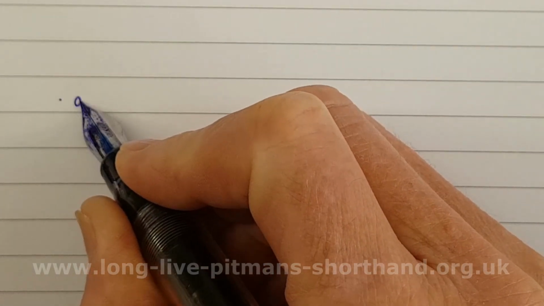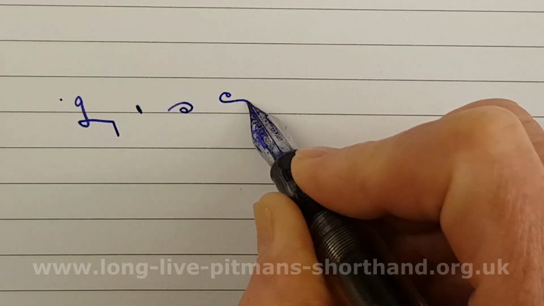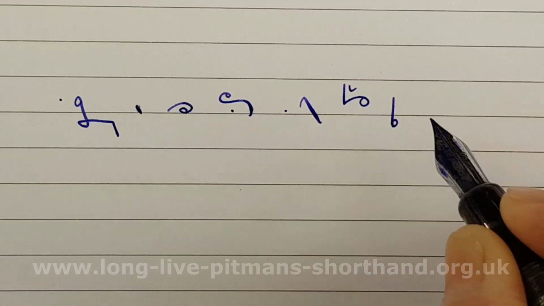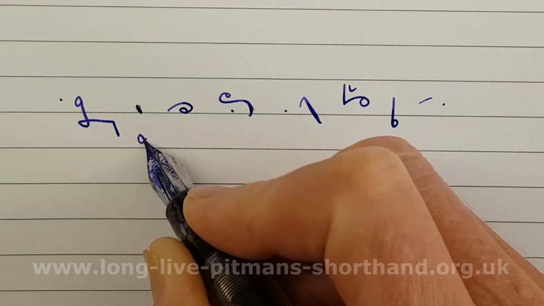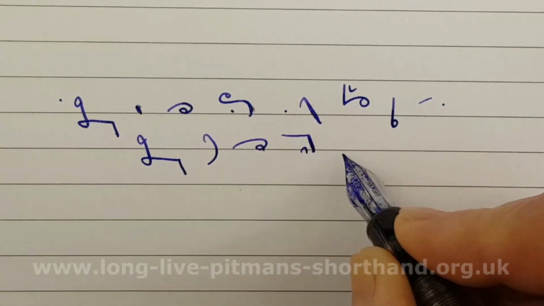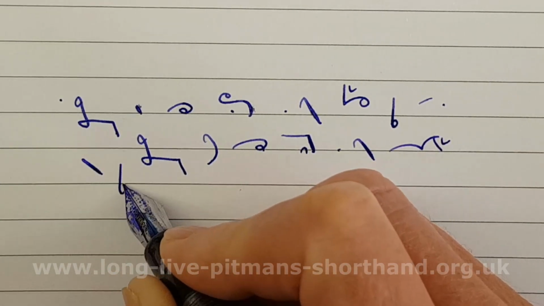A superscript 2 means squared, the number times itself, and a superscript 3 means cubed, the number multiplied by itself twice.